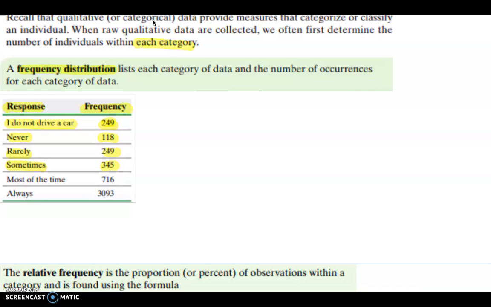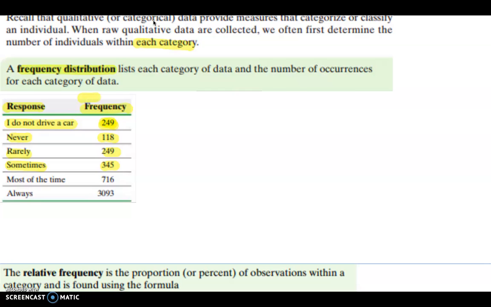We can get a quick glance at how people responded, and again, this is qualitative, so we're able to organize our data from a whole bunch of responses. Instead of just saying, I do not drive a car, I do not drive a car, and have that listed out 249 times, we just create a nice little table here that cleans it up for us.